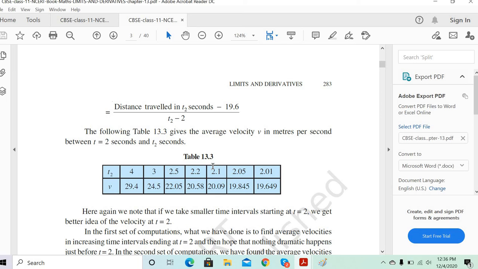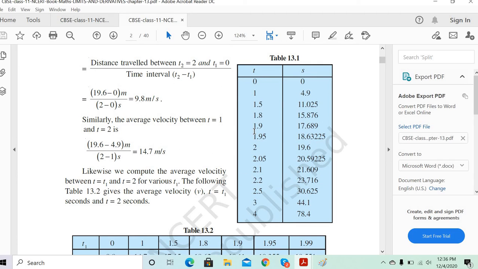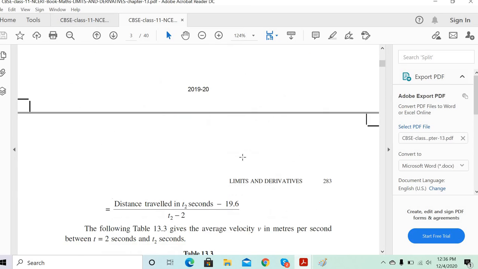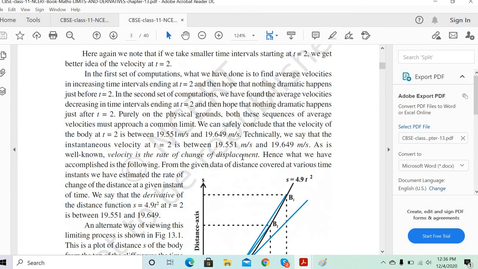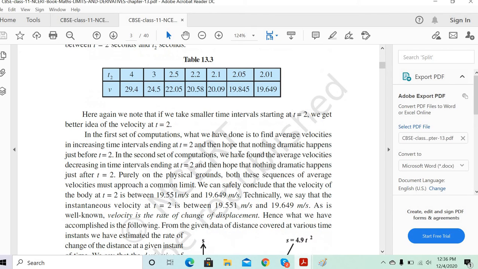I want to reduce the time to the smallest value now. Till here you see the time is 0, 1, 1.5, 1.8 like that, going till 2. Between 0 and 2 you have so many divisions. So we are actually minimizing the time now. We are reducing the time to the maximum extent, isn't it?